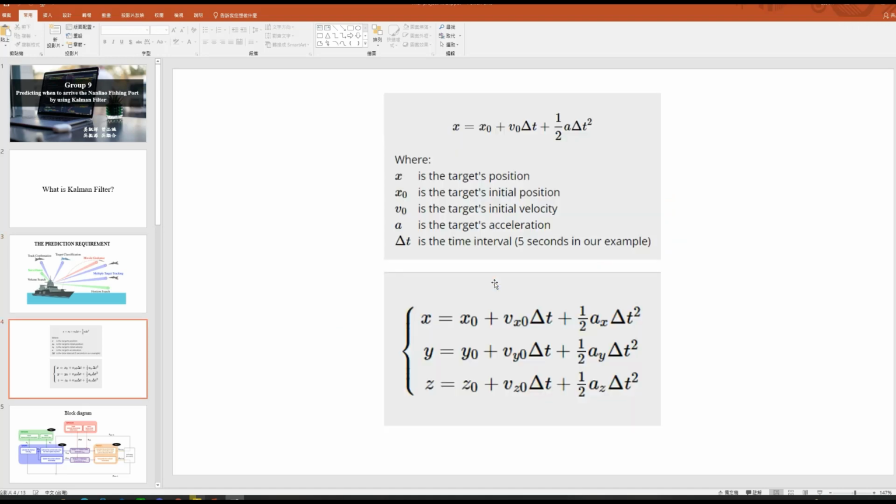So the future target position can be easily calculated using Newton's motion equations. In 3 dimensions, the Newton motion equation can be written as a system of equations like this. The target parameters here are called the system state, including position and velocity.